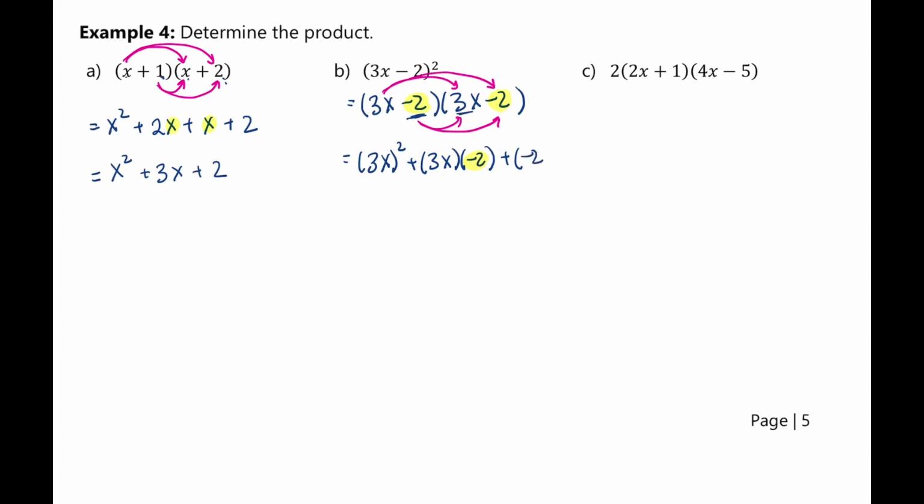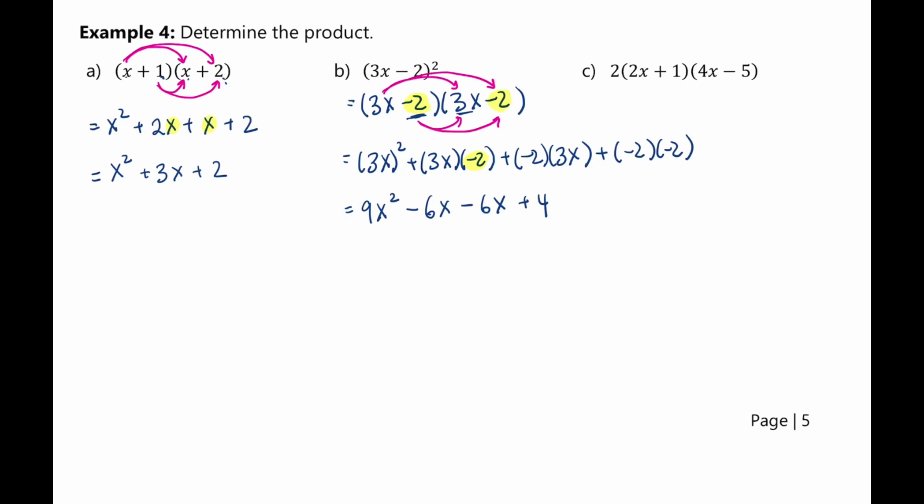So negative 2 times 3x plus negative 2 times negative 2. We have 9x squared and negative 6x here. And we have another negative 6x. And negative 2 times negative 2 is positive 4.